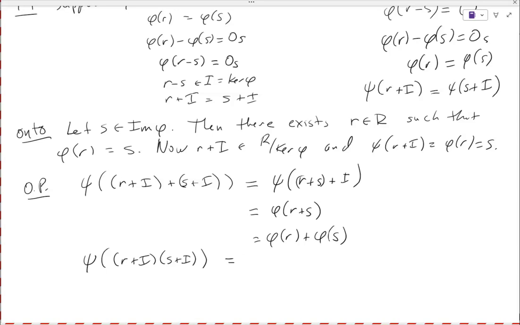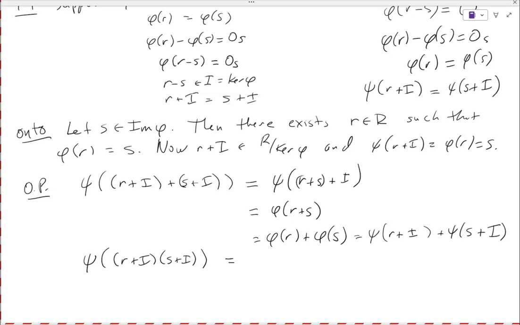And now, in terms of psi, what does that equal to? Psi, yeah. Psi. I think everybody would say it.